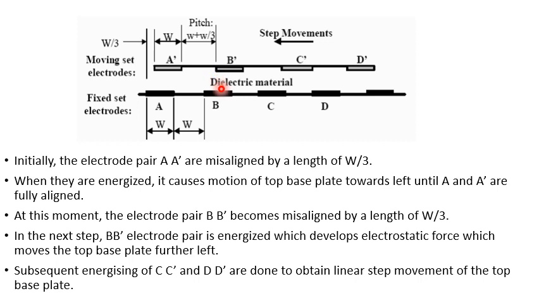In the next step, the electrode pair B and B dash are energized, which moves the top base plate to the left such that B and B dash become aligned. Then C and C dash will be misaligned by W by 3, so you subsequently energize C and C dash. This is done in a continuous manner in order to obtain the linear step movement of the top base plate.